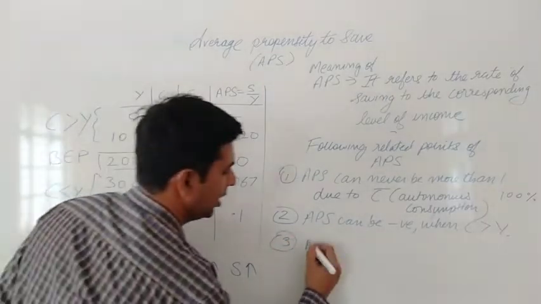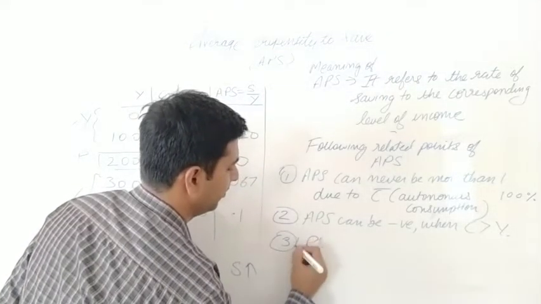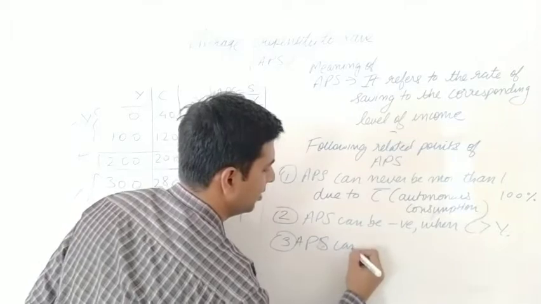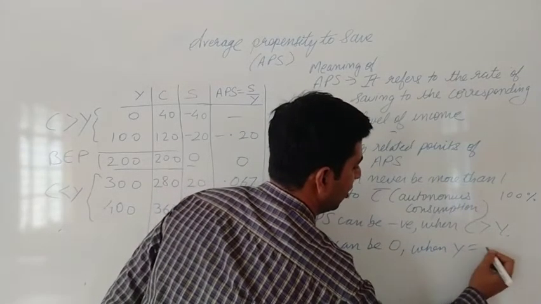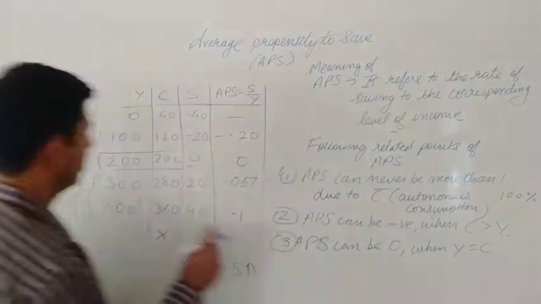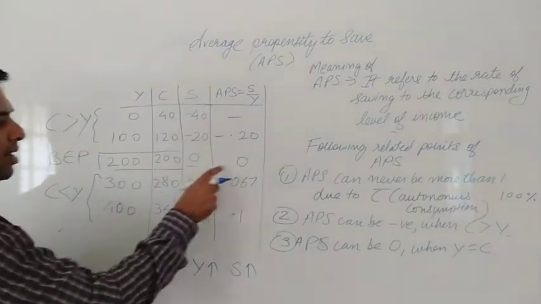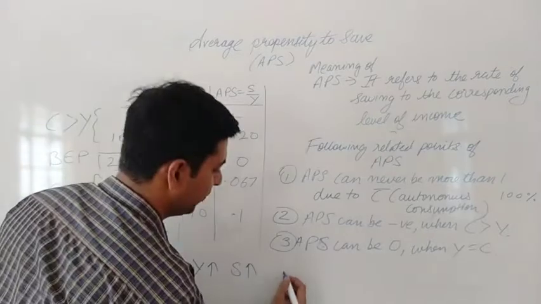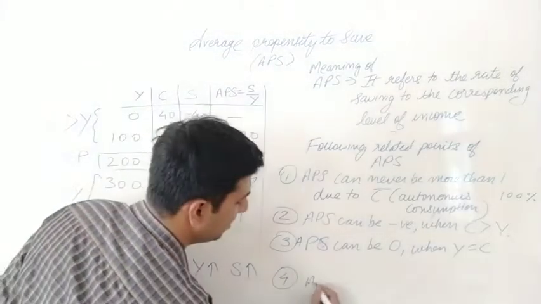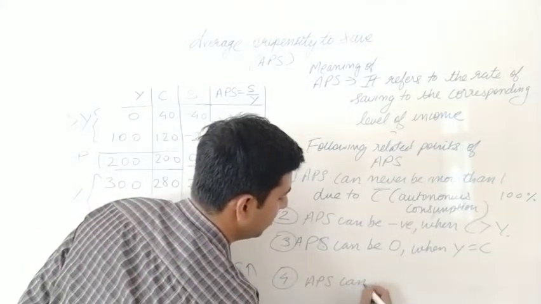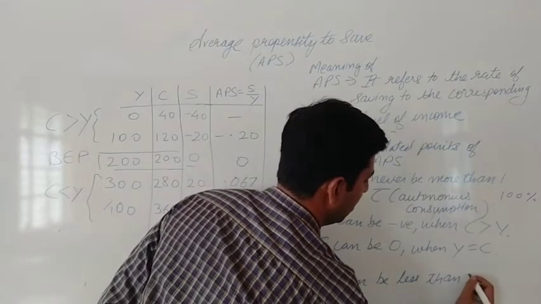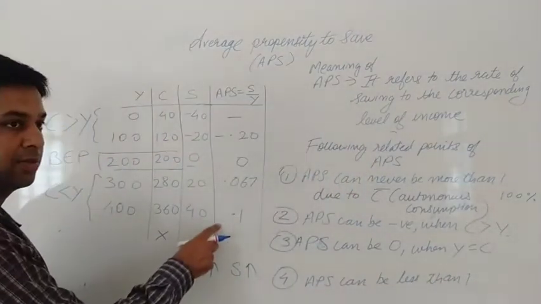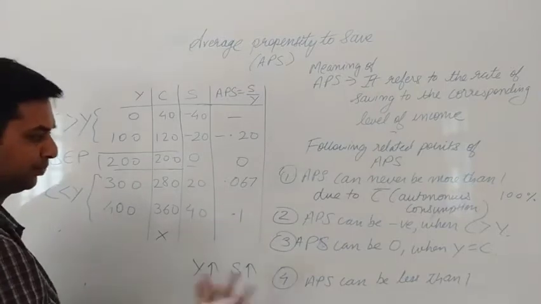Then the third point: APS can be 0 when Y, or income, is equal to consumption. At that point your APS is 0. Then the fourth point: APS can be less than 1.